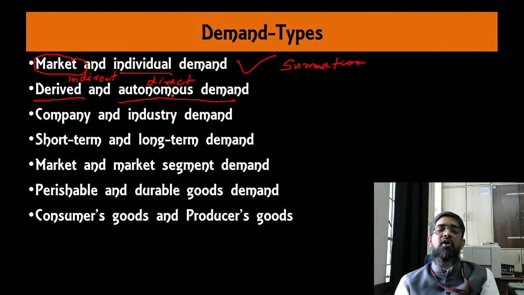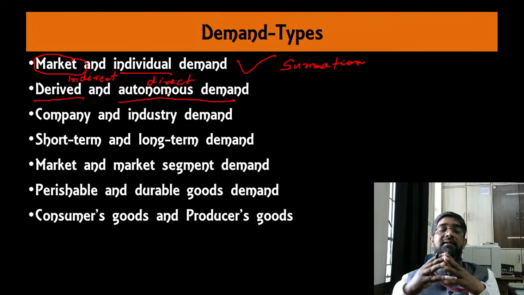So here autonomous demand, dear student, is directly by the consumer. When final customer directly buys it for consumption, that is known as autonomous demand.